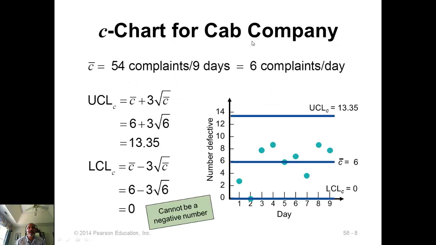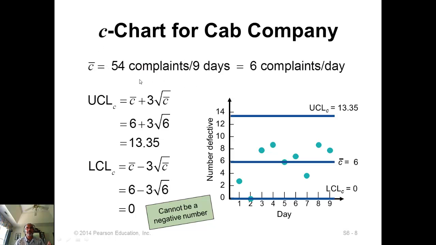So suppose we have a cab company that keeps track of the number of complaints it receives from its rides. Here we don't have the individual values, but over the past 9 days we have a total of 54 complaints. Each day you have only the number of complaints, so there is no proportion here. So this is a C chart.